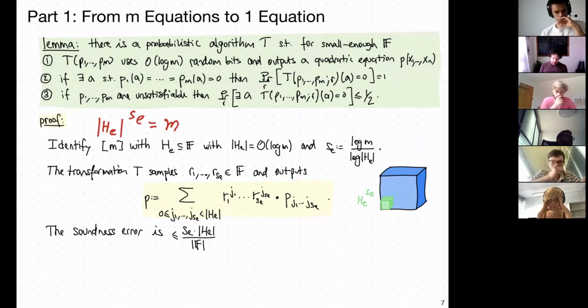This comes from, I think you saw it in the other lecture, and if not, you'll see it soon, the Schwartz-Zippel lemma, which tells you that polynomial identity testing in this regime has error the number of dimensions times the size of the set divided by the field.